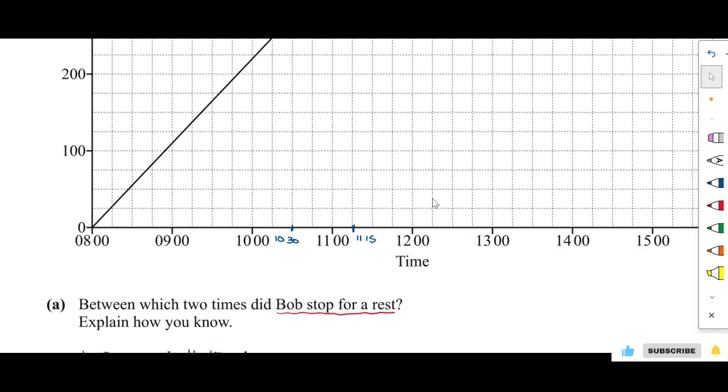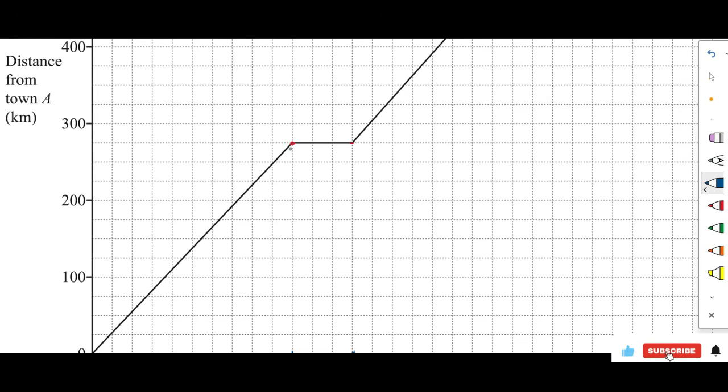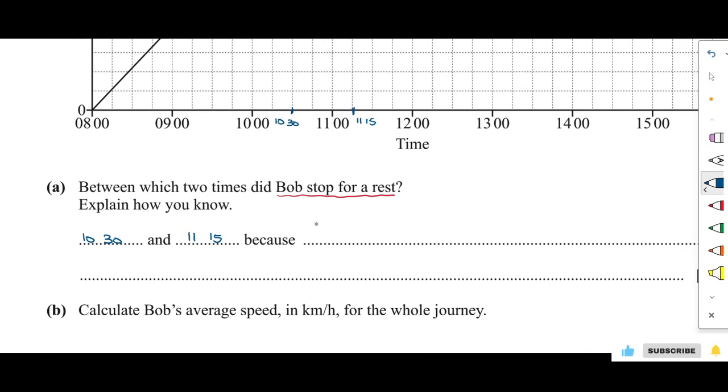How do we know that they rest? Because as you can see, the line is horizontal, the distance remains the same, there is no distance traveled, right? Line is horizontal and no distance traveled.